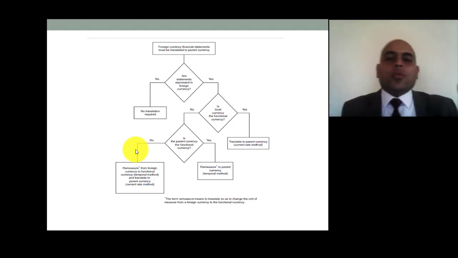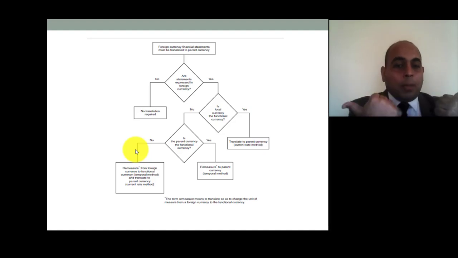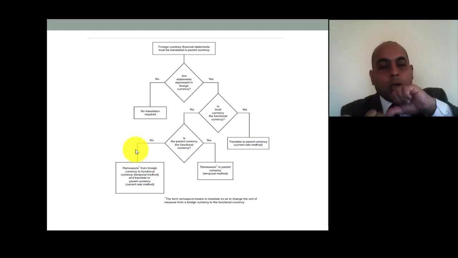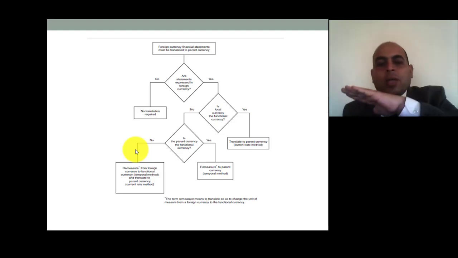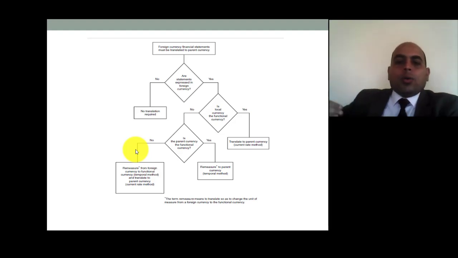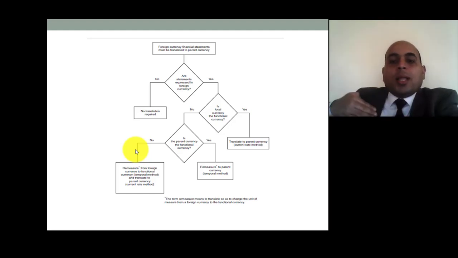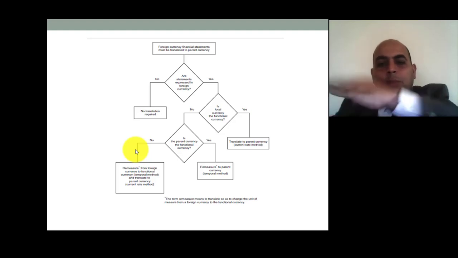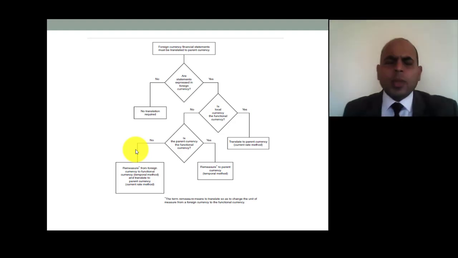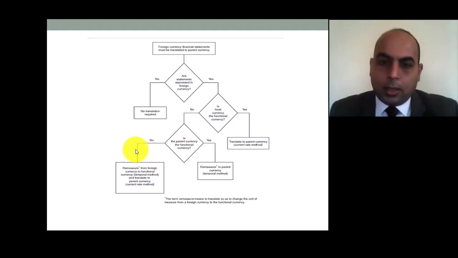For that, first of all, we will convert from US dollar to Egyptian pound by remeasuring it, applying the temporal method. After we remeasure it, we will convert it again from the Egyptian pound to the functional currency of the parent company, which is the Jordanian dinar. So we will now use the current rate method to convert from the Egyptian pound to the Jordanian dinar.